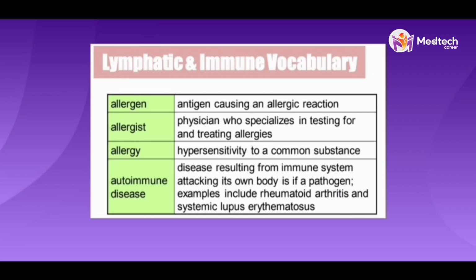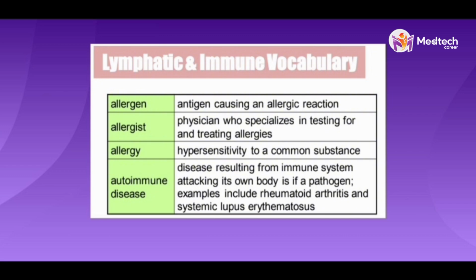Next, let's see about lymphatic and immune vocabulary. Allergen: the antigen causing an allergic reaction is called an allergen. Allergist: the physician who specializes in testing for and treating allergies is called an allergist.